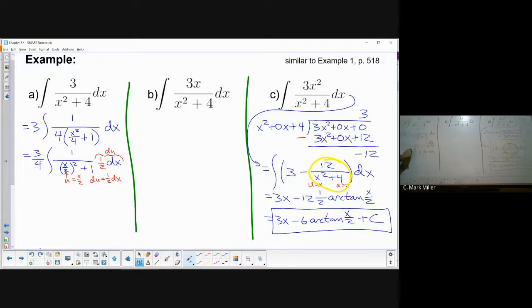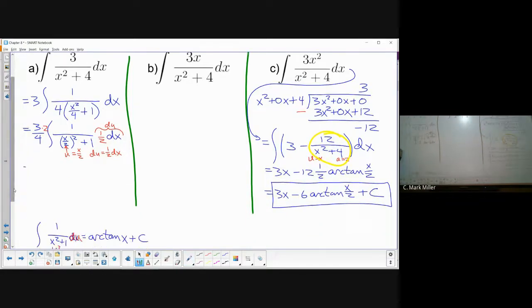But if I put a 1/2 there, I need to put a 2 out here. The 2 and 1/2 offset each other. So now I have 6 over 2, so that's going to be 3 halves out here. And now this is the integral of 1 over u squared plus 1 du.